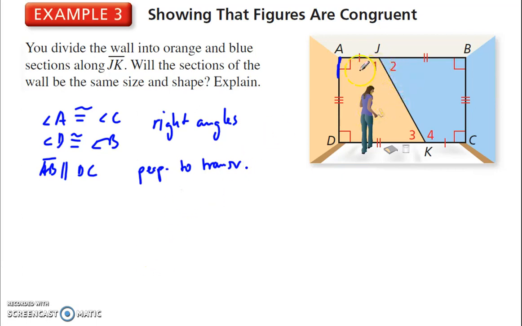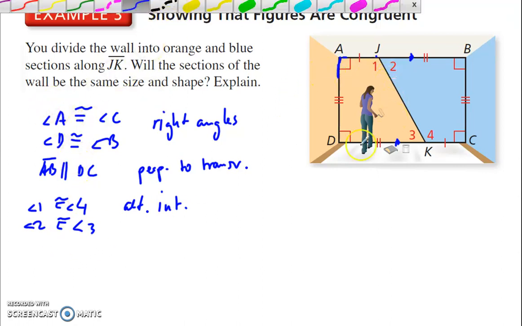And then, since this is parallel to this line, we can say that angle 1 is congruent to angle 4, and angle 2 is congruent to angle 3, because alternate interior angles. So there we have all the angles are congruent.